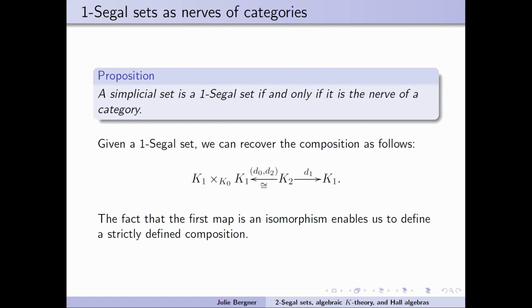So I can say, oh, well, run this isomorphism back and take D1. That gives me the opposite face of that two simplex. That's the composite. And the fact that this map is an isomorphism says, yes, there is actually a strictly defined composition. You really do get a category. The remaining thing you have to check is just identities. So I'll leave that to you if you want to check that this really has identity morphisms that behave properly.